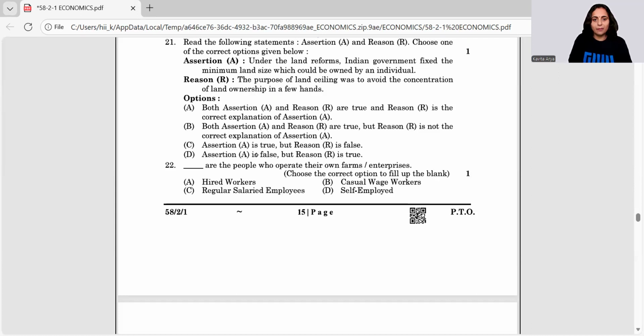Is it minimum or maximum whenever we are talking about the land ceiling? Hence, this statement becomes false. The purpose of land ceiling was to avoid the concentration of land ownership in a few hands, and that is correct. This is true. So, the assertion is false and the reason is true. This is the correct answer.